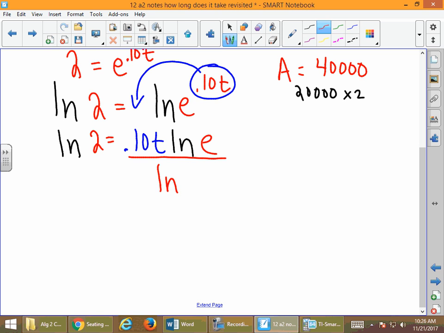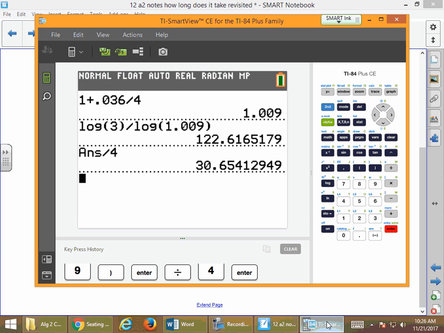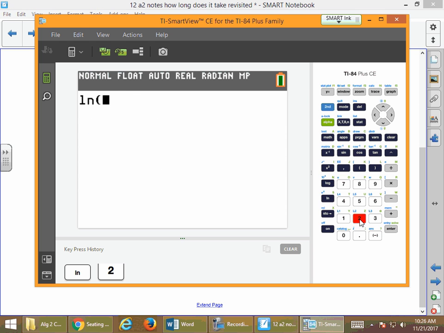Once again, we're going to have to leave that number in our calculator as we go through solving for t, because it's 0.10t times natural log of e. So we're going to divide by natural log of e. We're going to get a big long decimal. When we type that in our calculator, we're going to leave that number in our calculator. But we still have 0.10t equals natural log of 2 divided by natural log of e, second in the division bar.